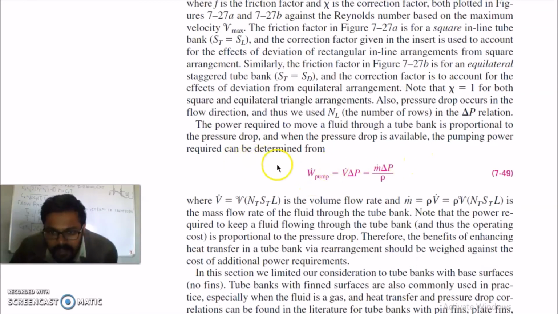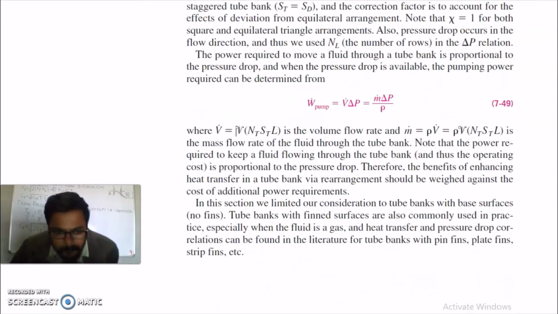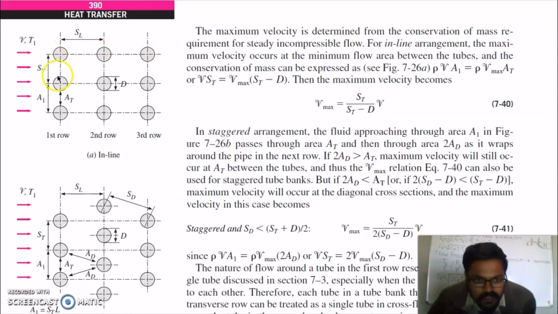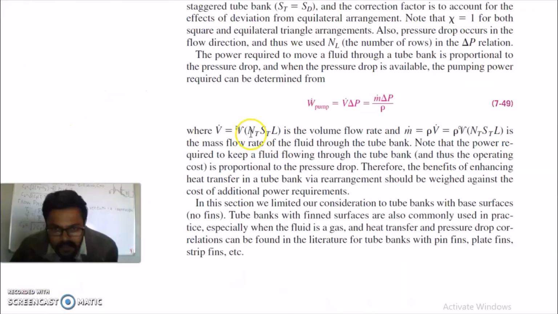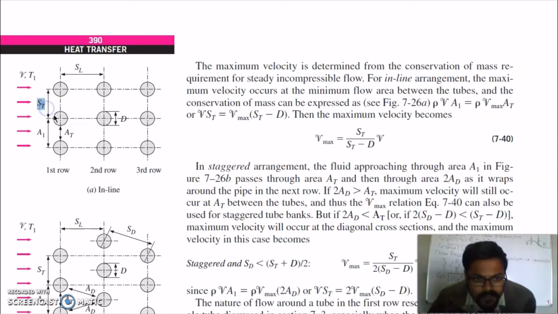The pumping power required can be determined. This power is equal to volume flow rate times pressure drop, where volume flow rate is equal to the velocity of fluid times the number of transverse rows, which in this case is 1, 2, 3, times S_T times L. This is your transverse pitch, where L is in the direction toward the screen, the tube length.